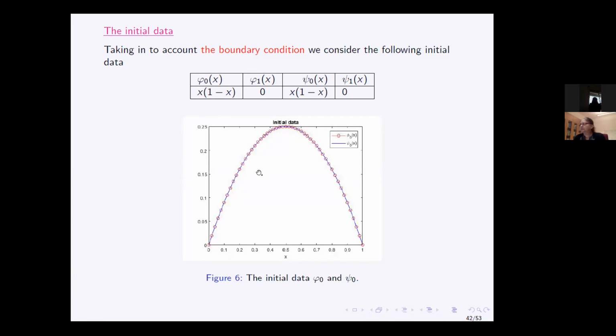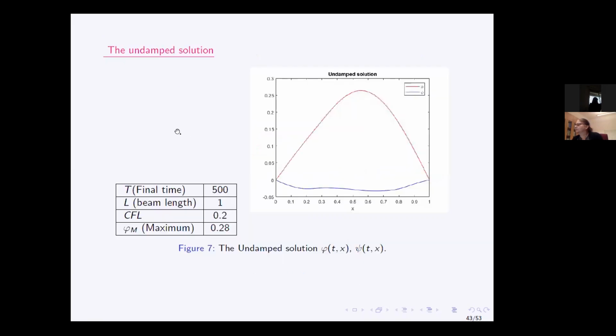Here we have the picture that represents the initial data phi0 and C0. As you can see here, the solution is undamped. So when time is equal to 500, and for the length of the beam equal to 1, with respect to the CFL condition, we have this representation of the undamped solution.